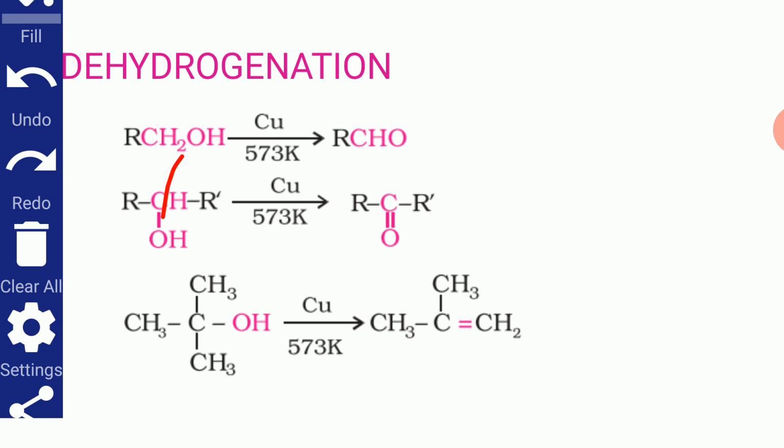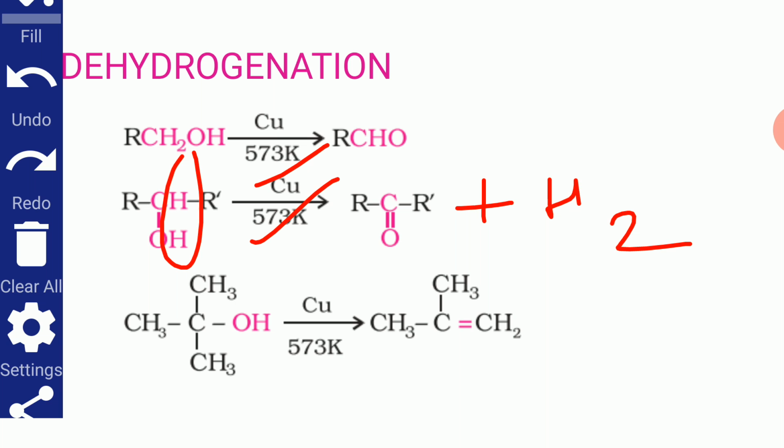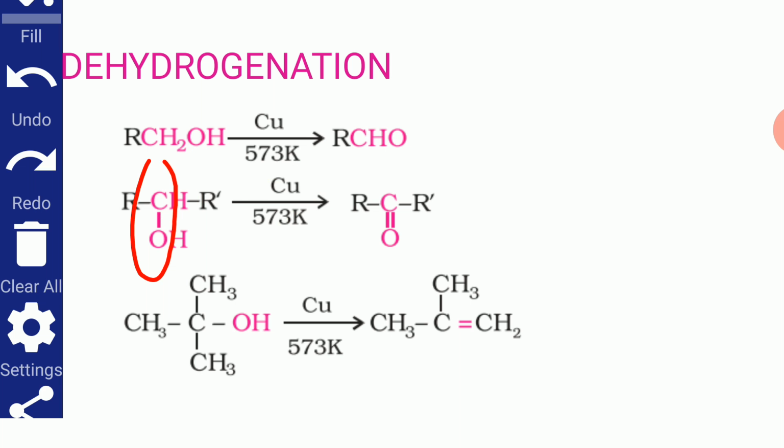Similarly, if we remove both hydrogens in the form of dihydrogen from a secondary alcohol by heating in the presence of copper at 573 Kelvin, the carbon-oxygen double bond formation will take place, that is the ketone.